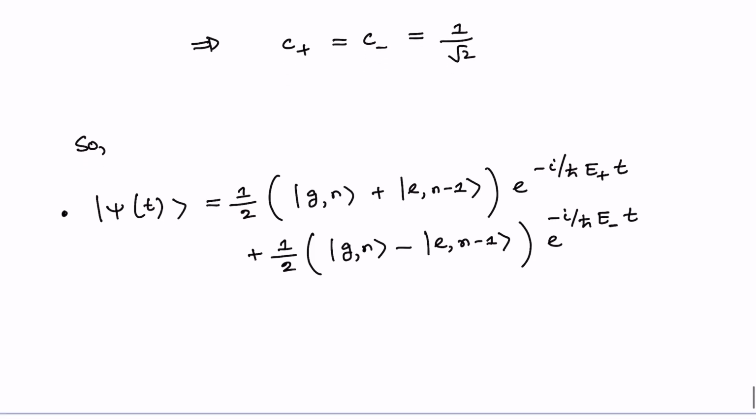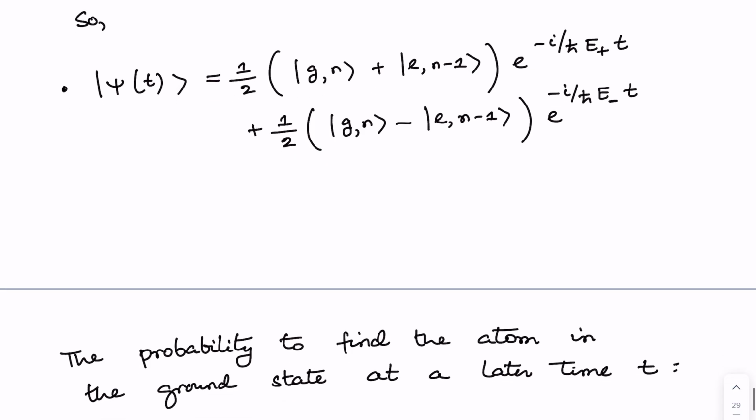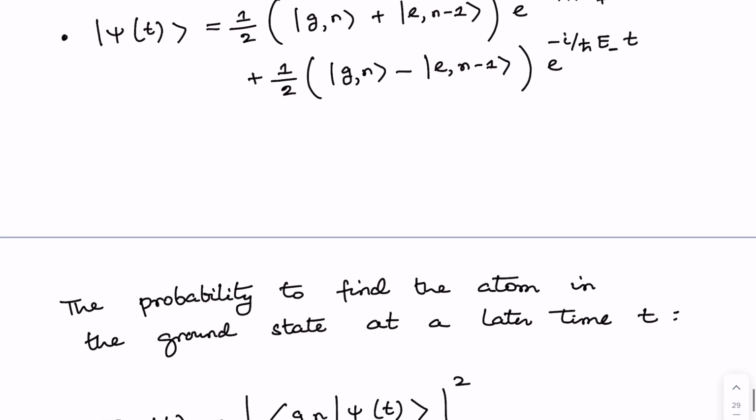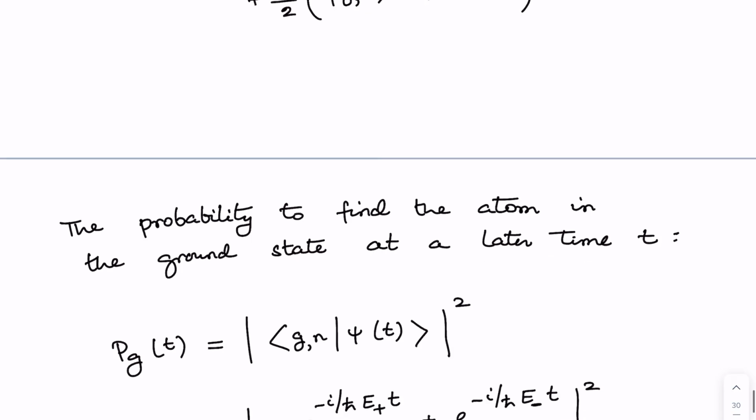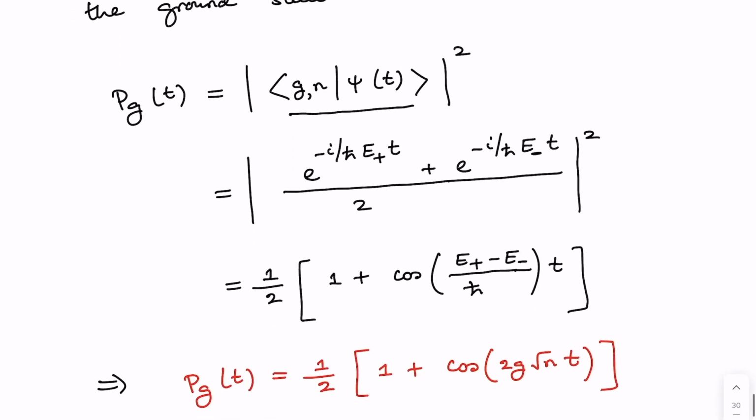Therefore we can write down the state vector at time t by this expression here, and in order to find the ground state probability, that means to find the atom in the ground state at a later time t, you have to calculate this particular quantity. You want to go from the state |ψ(t)> to the state |G,n>, and if you make the calculation, you are going to get this expression for the ground state probability.